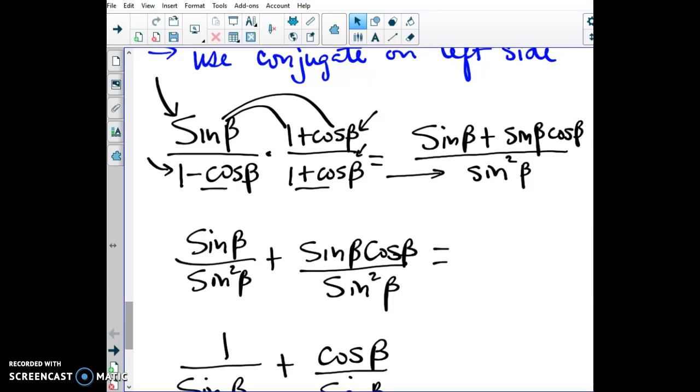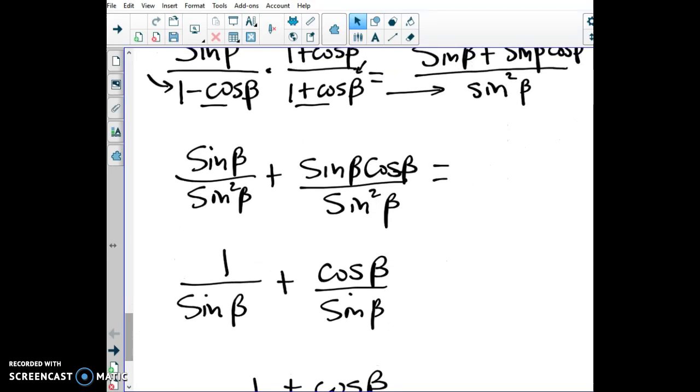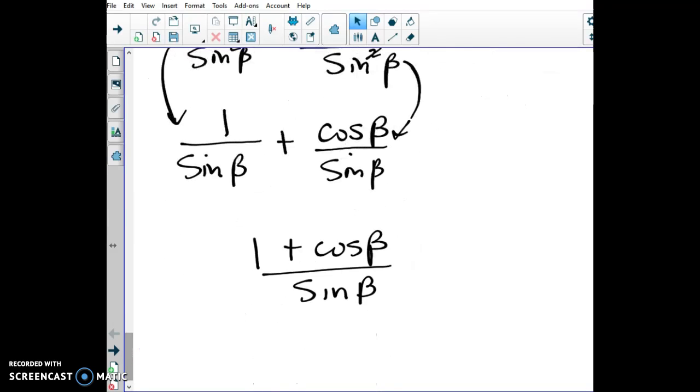If I take that apart, putting both parts over the denominator, I see sine beta over sine squared. That's 1 over sine beta. And I see sine beta cosine beta over sine squared, which simplifies to cosine. One of these cancels with one of those, sine over cosine. And we can see that we get 1 plus cosine beta over sine of beta.